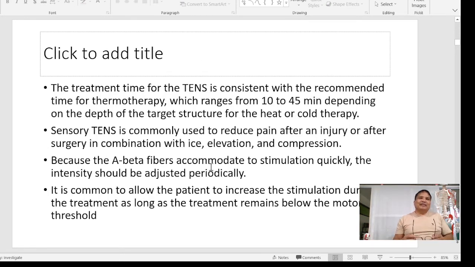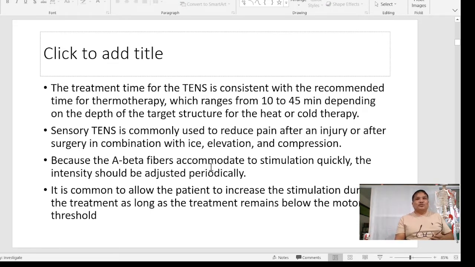So the treatment time for TENS varies from 10 to 45 minutes depending on the depth of the target structure. So it depends on your target structure. Of course, if the area you are targeting is deeper, for example, a patient who has just given birth, the painful area is the uterus, so it is deeper.